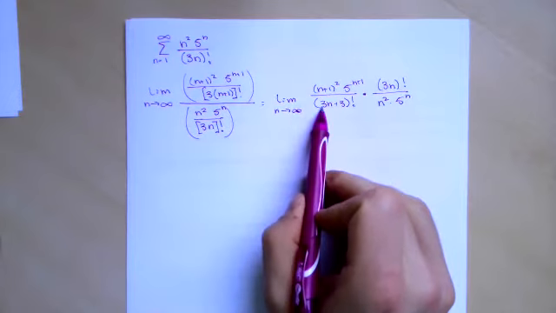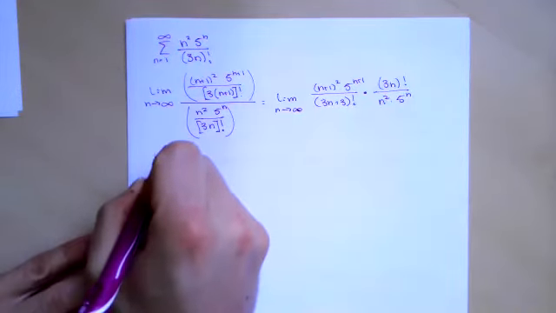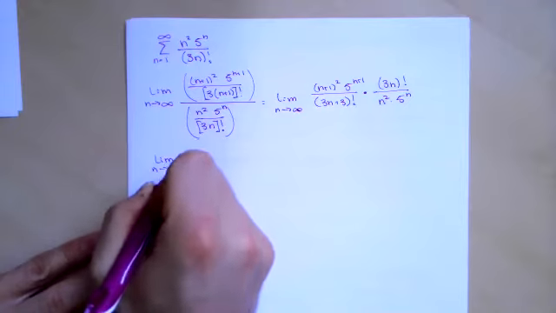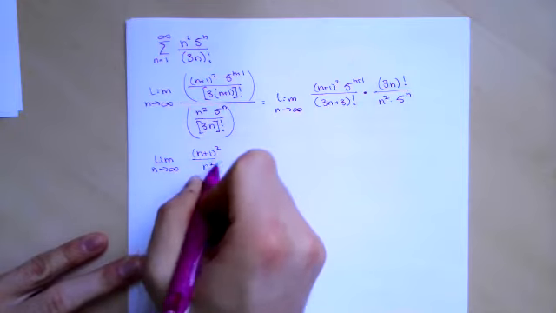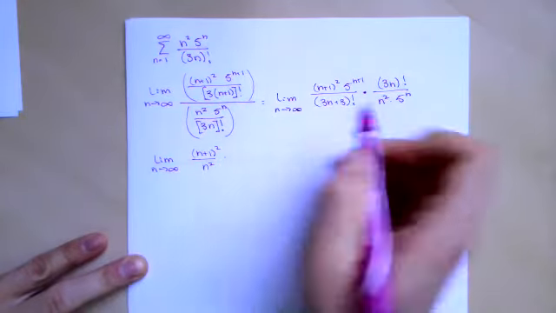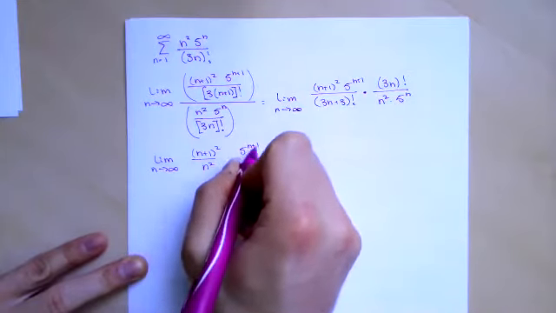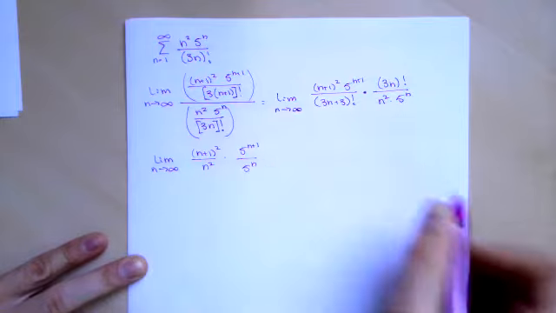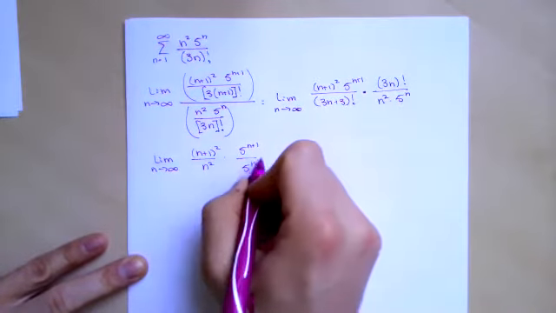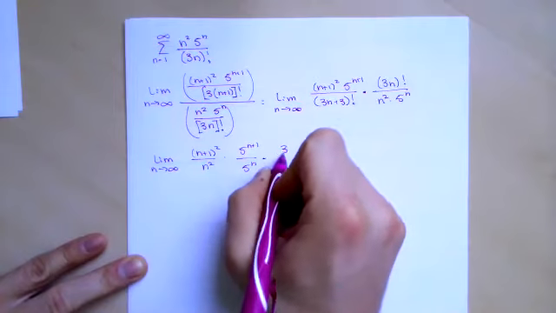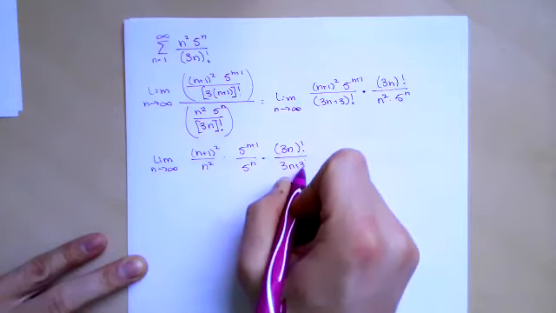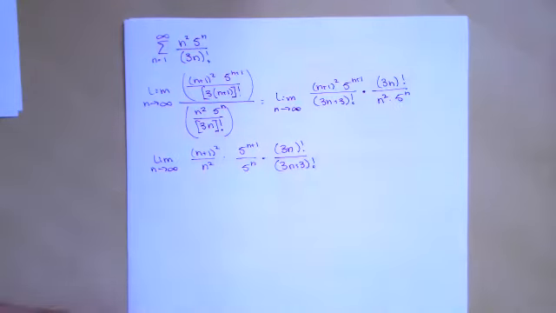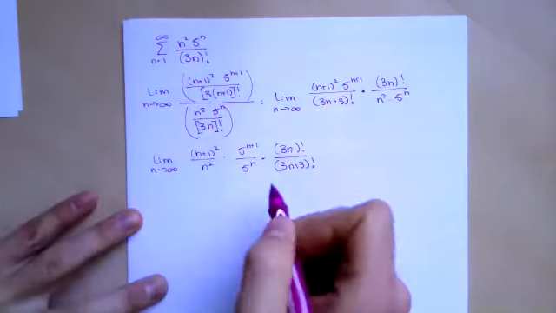So the polynomials, let's write as a polynomial divided by itself: (n+1)^2 over n^2. Let's put the exponentials on top of each other: 5^(n+1) divided by 5^n, and then put the factorials on top of each other. It helps the algebra, but this one simplifies pretty nicely.